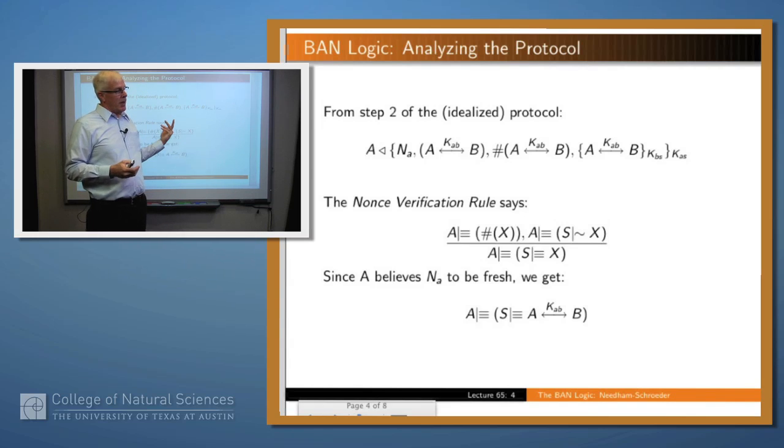So for example, we saw step 2 of our idealized protocol, and we have this nonce verification rule that says, if a message is fresh and I believe that it came from S, then I believe that S believes that message. And so from that rule and some of the things on the previous slide, we can derive that A believes that S believes that A and B are going to share this new key, right?